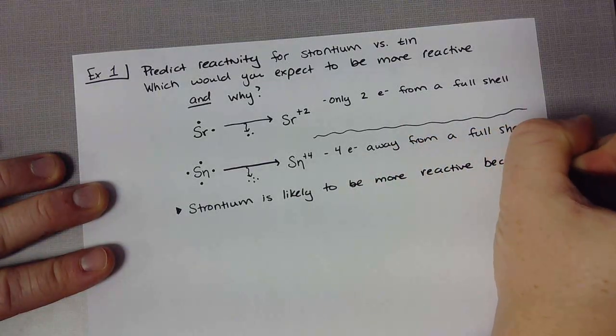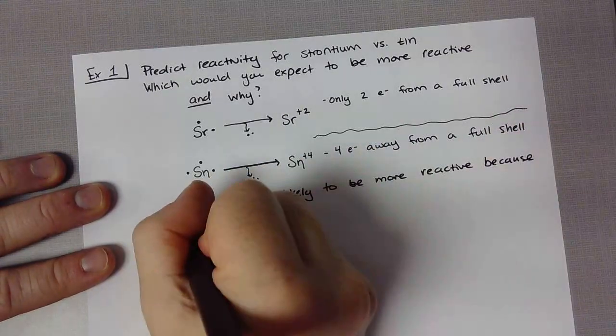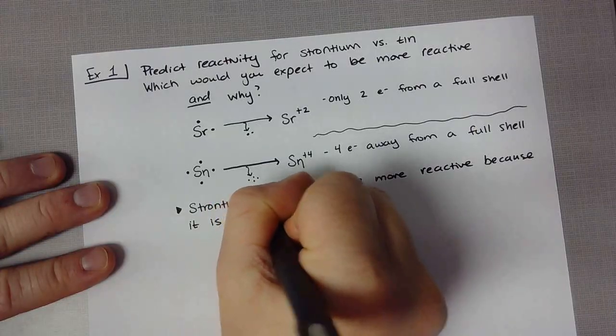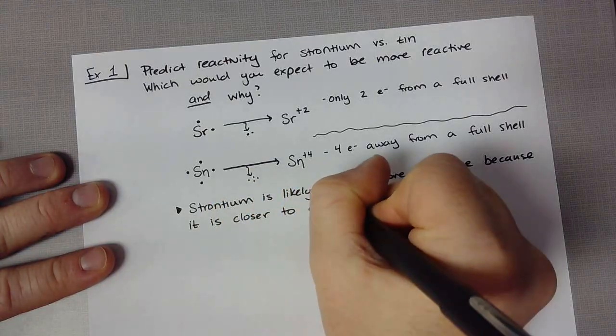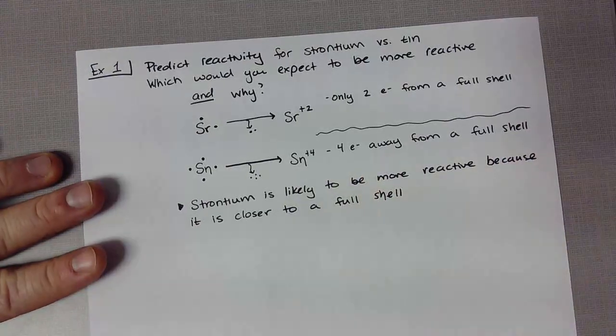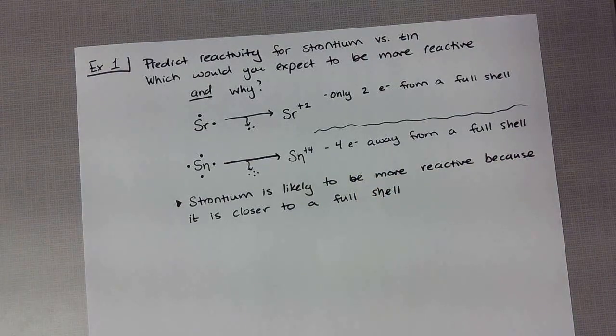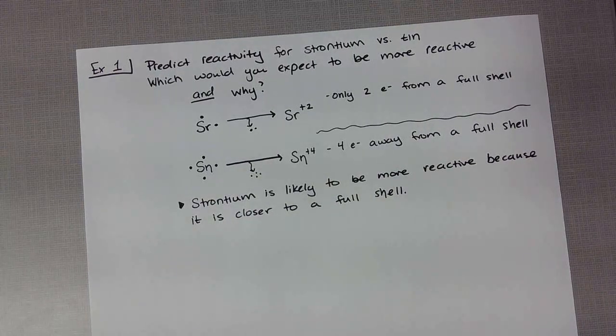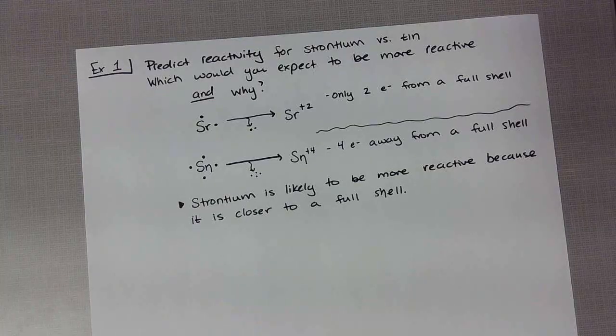Because it is closer to a full shell. Tin, farther away from a full shell. So is it going to react? Eventually. Is it going to react as easily or as quickly? No. We would say strontium is likely to be more reactive.